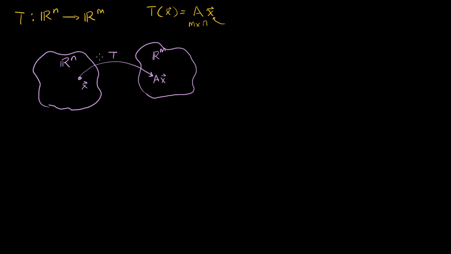So let's ask the same questions about T that we've been asking in general about functions. Is T invertible? We learned in the last video that there are two conditions for invertibility. T has to be onto, or the other word was surjective.